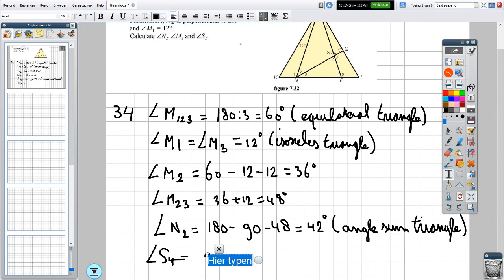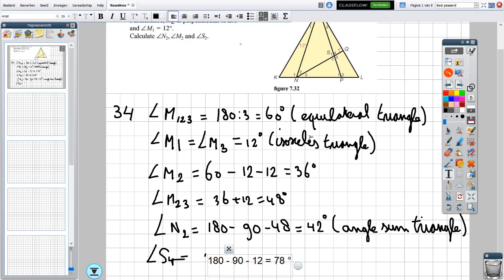So angle S4 is going to be 180 minus angle Q, so minus 90, minus angle M3 right there, which is 12. So angle S4 must be equal to 78 degrees.